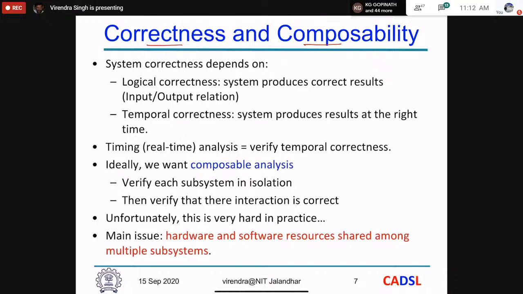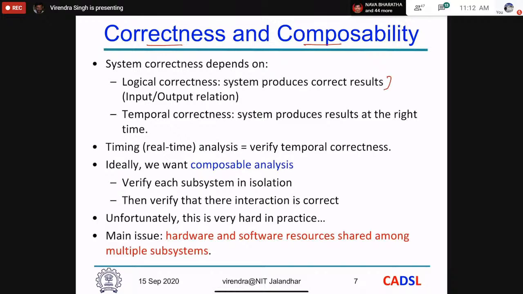But this logical correctness doesn't say anything about the time, whether the correct output would be produced after 1 second, or after 1 millisecond, or produced after 1 hour, right? So this is only the logical correctness, that given sufficient time, whether my system is going to produce the correct output or not.